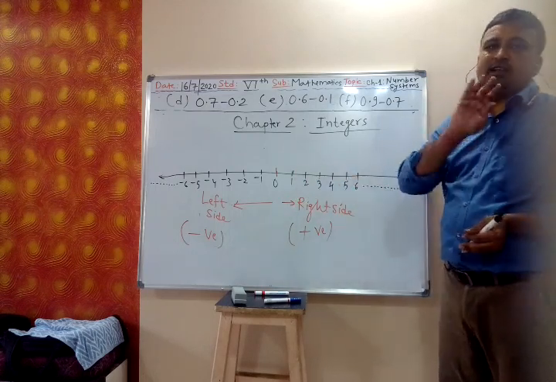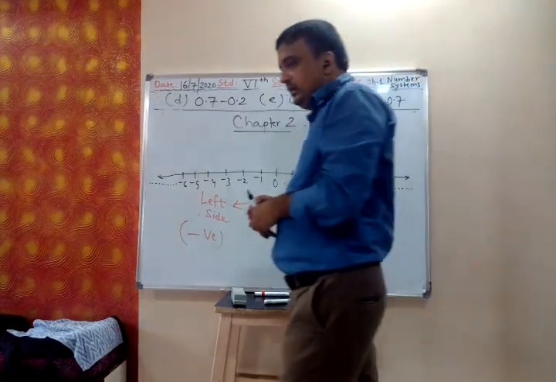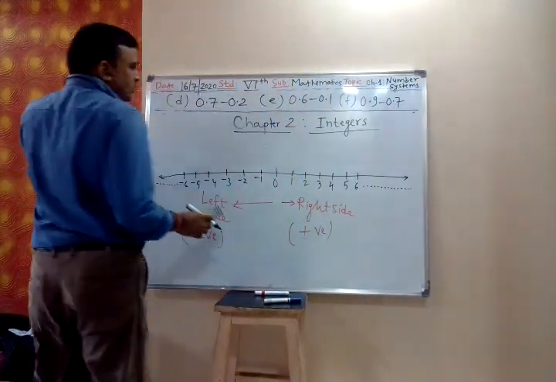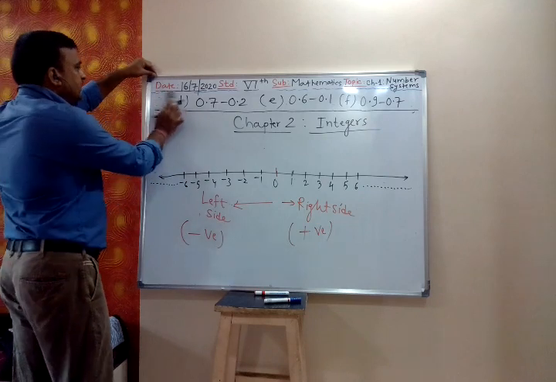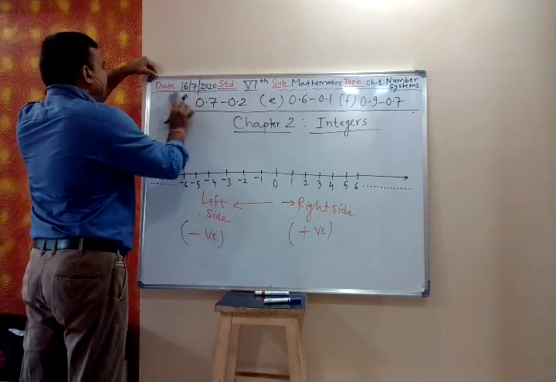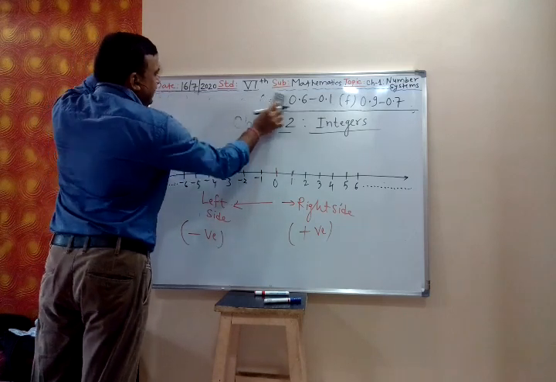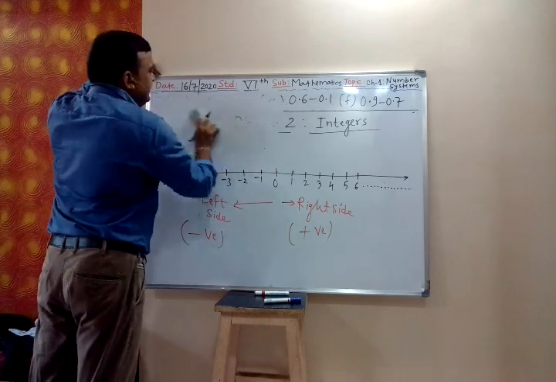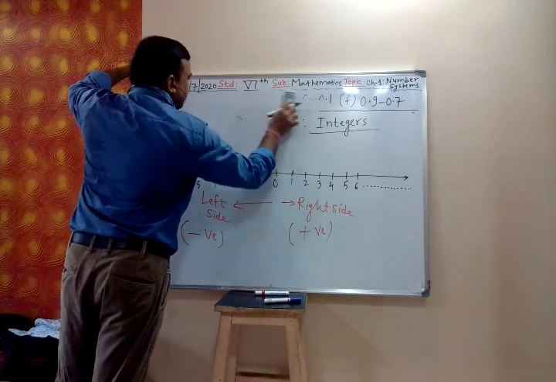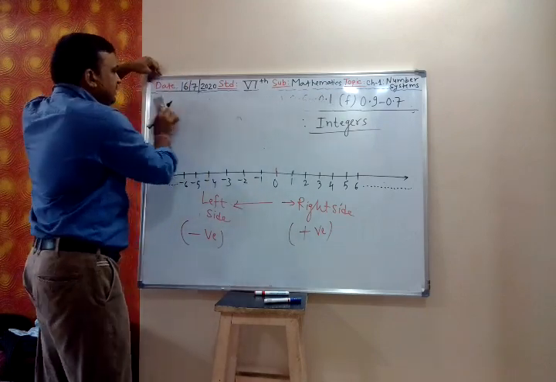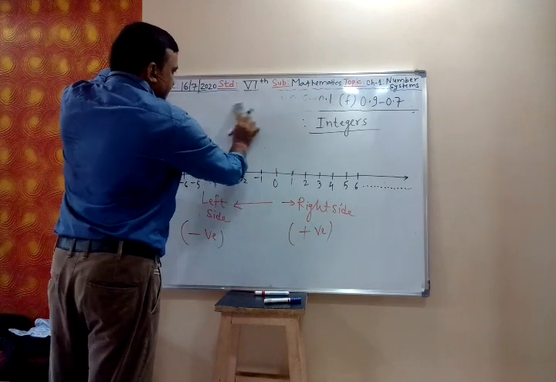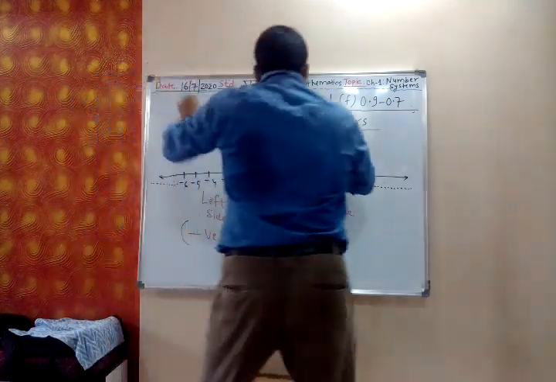For minus 3 the negative sign is already there, so we say minus 3. But when it is just 3, no sign means plus sign, so we say plus 3. This you have to remember.